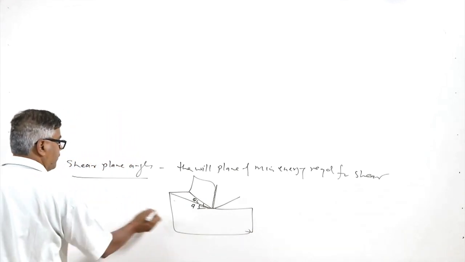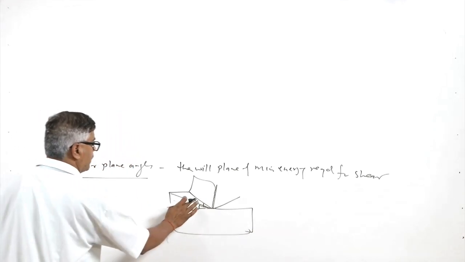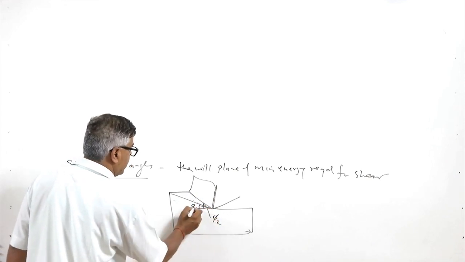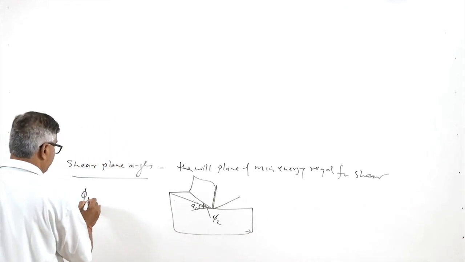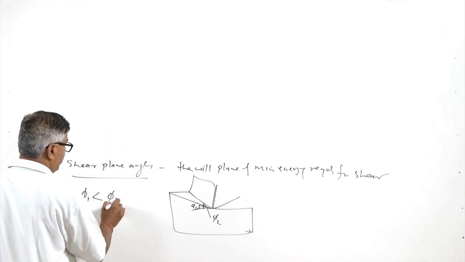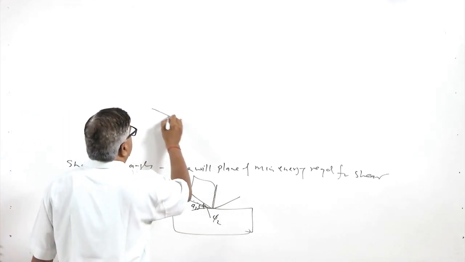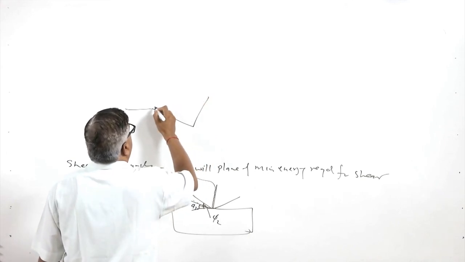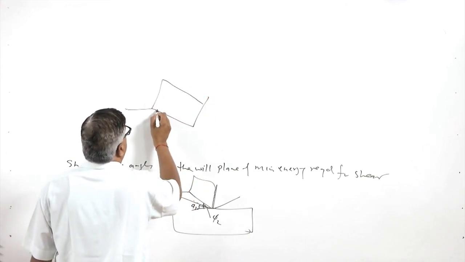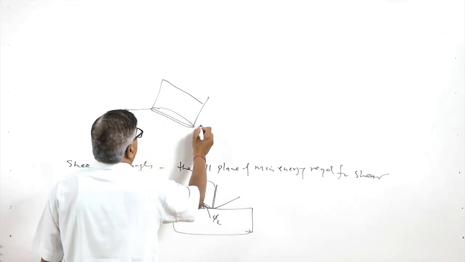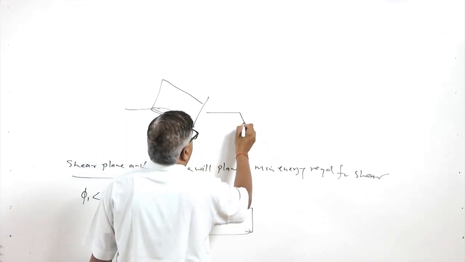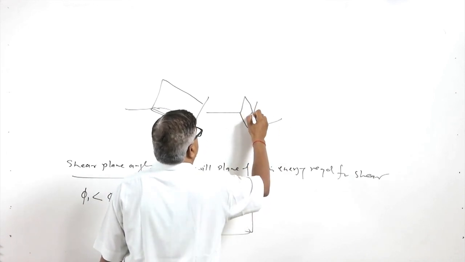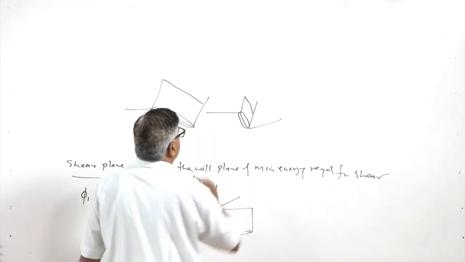If phi 1 is lower than phi 2, then if the shear plane angle is low, under identical cutting conditions the shear area will be wide, while when the shear plane angle is high, under identical conditions it will lead to a shorter shear area.